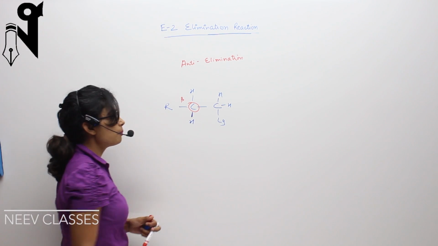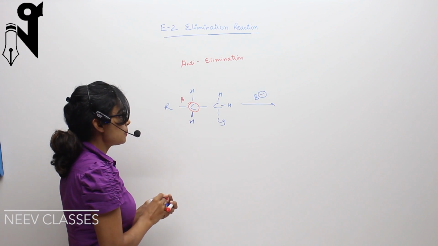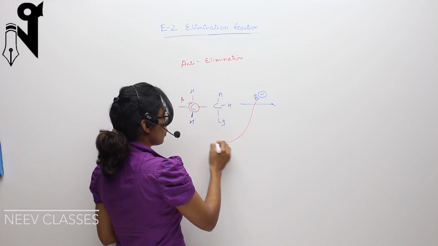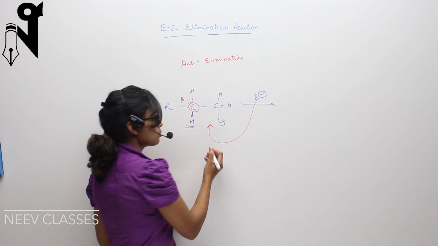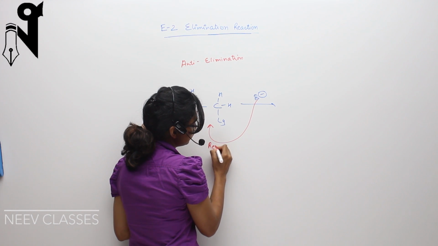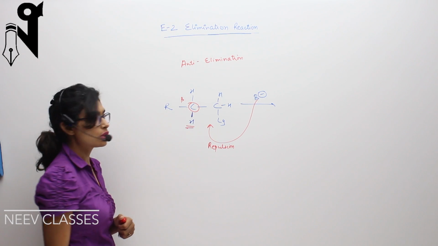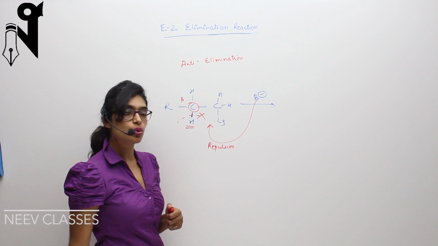Now if a base has to attack it, what does the base want? Base wants to remove the beta hydrogen. If this base comes from here to remove this hydrogen, it will face repulsion, and hence will not be able to approach this hydrogen and will not be able to break it.